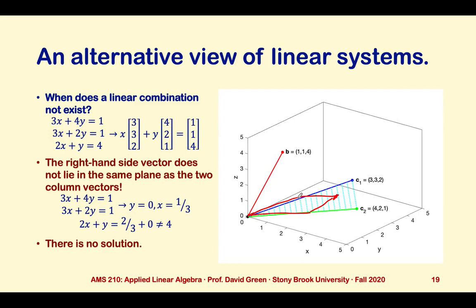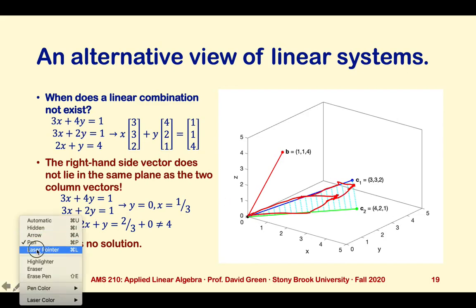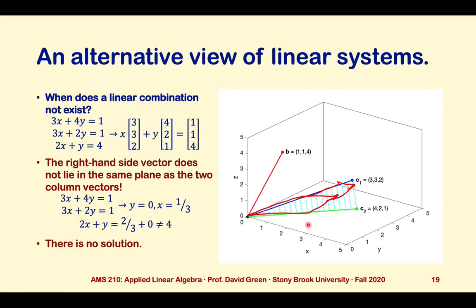And if we go through and we ask, what about some other ones? What if I extended this line a little bit further? Well, then the parallelogram we would end up with would extend a little bit further, but it would still be on this same plane. All of the possible linear combinations of those 2 vectors, C1 and C2, lie on a plane that I have represented here by these dashed lines in between them.